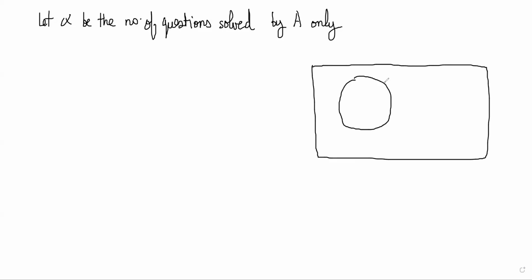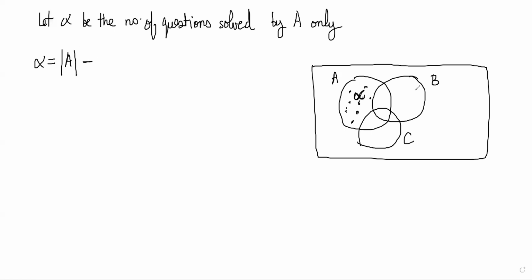This is my set A, B, C. If you want to count alpha, alpha is the number of questions that were solved by A only. How do we count that? What we can say is alpha should be A minus, you should subtract the A intersection B portion, and you should also subtract the A intersection C portion.